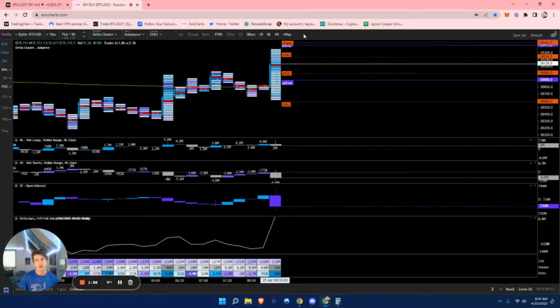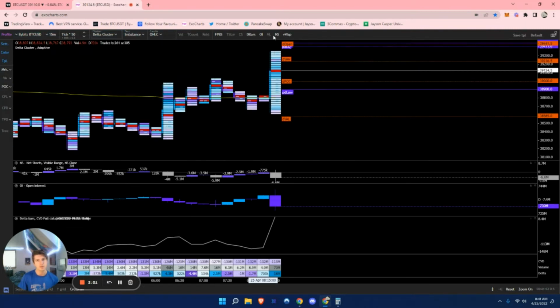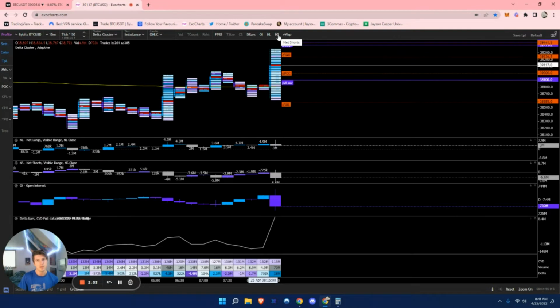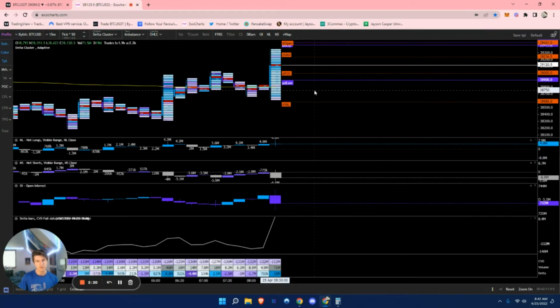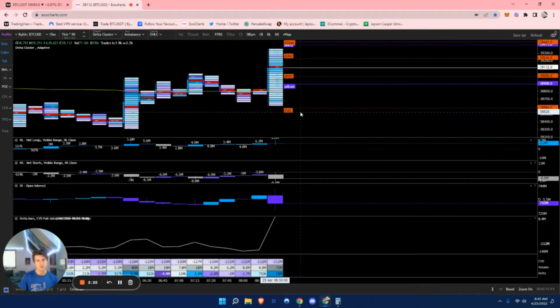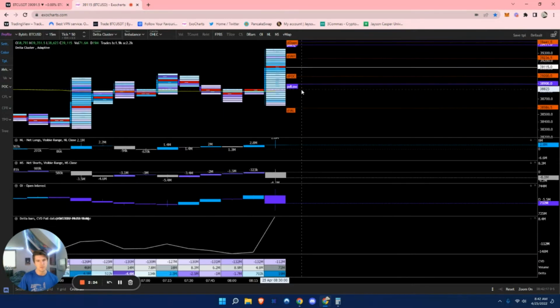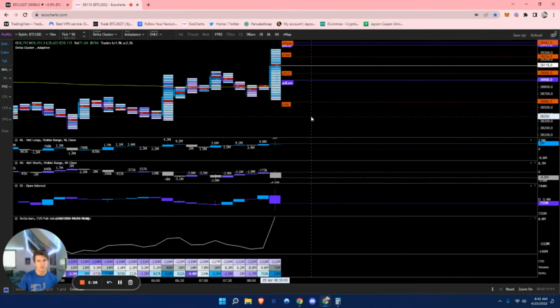Again, you can go up to the top of the toolbar here and type on and off NL and NS, NS net shorts, NL net longs, and that incorporates it into the open interest. Now, usually net longs and net shorts don't really make up the open interest. They're just the amount of traders participating in the market itself.